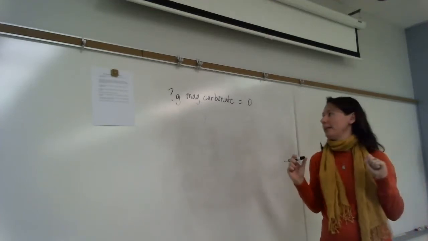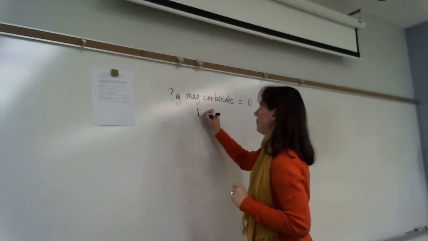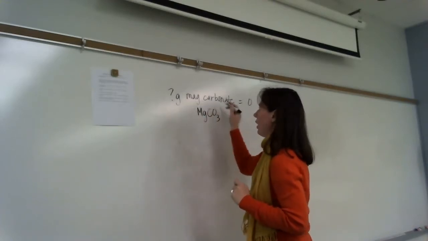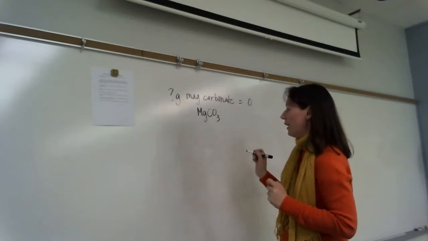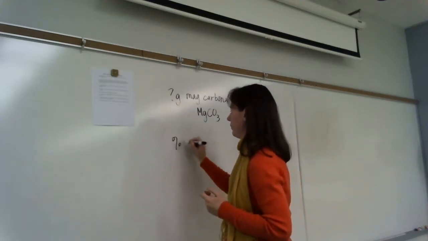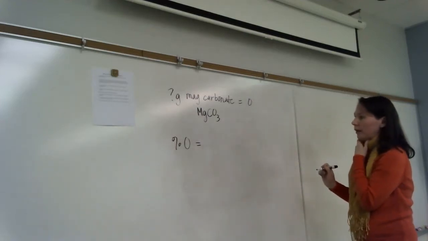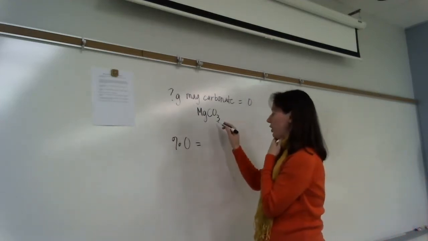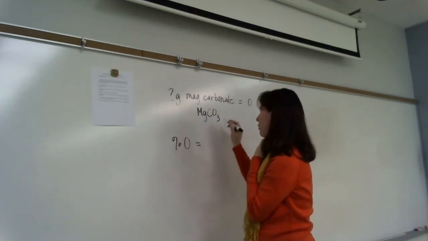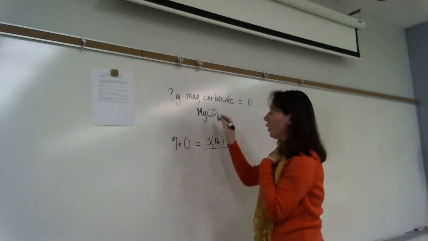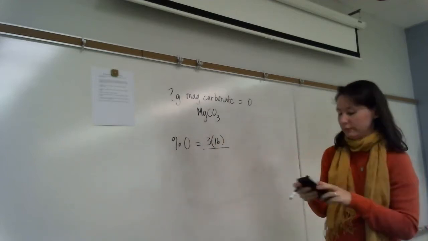What's the formula for magnesium carbonate? MgCO3, because magnesium ions are +2, carbonate CO3 is -2. So how do I get percent oxygen? It would be mass of oxygen over total molar mass, so 3 times 16 divided by the total molar mass.